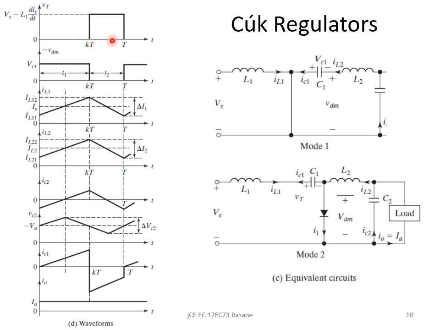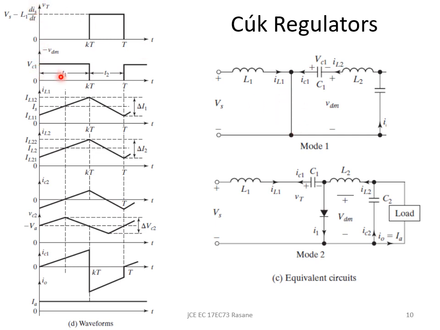And during switch off, the transistor will open up, and hence the voltage across the transistor will be equal to Vs minus the voltage drop across the inductor. So it is Vs minus L1 into di by dt. That is the voltage that is going to come across this when it is off.